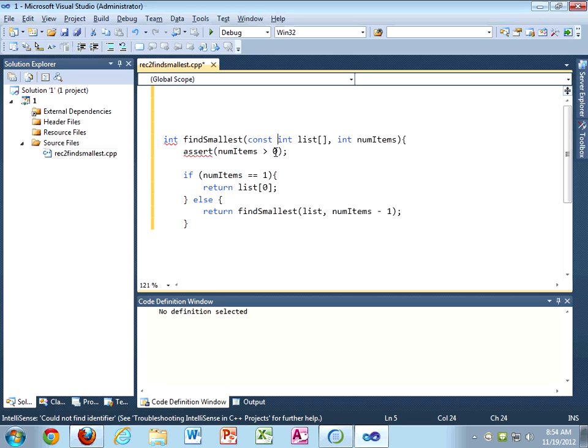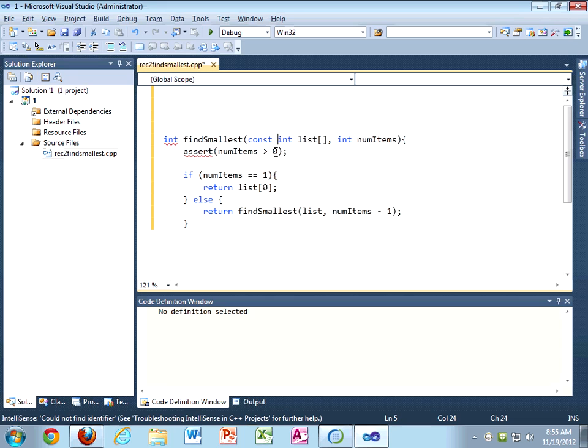So think about it. We've got a list, and we can find the smallest item out of the first n minus 1 items in the list. How are we going to find the smallest item in the whole list? Just go through and compare each number to the other.